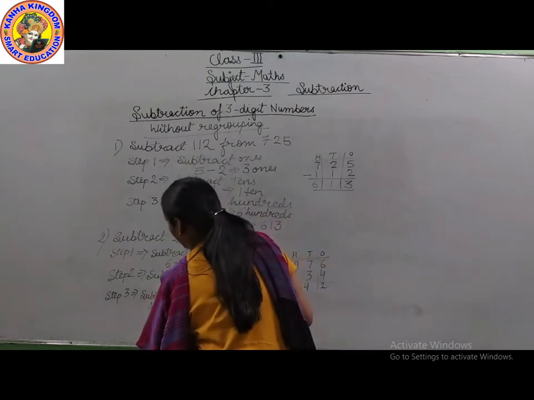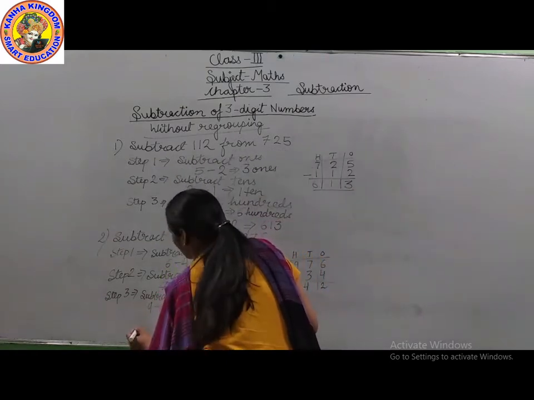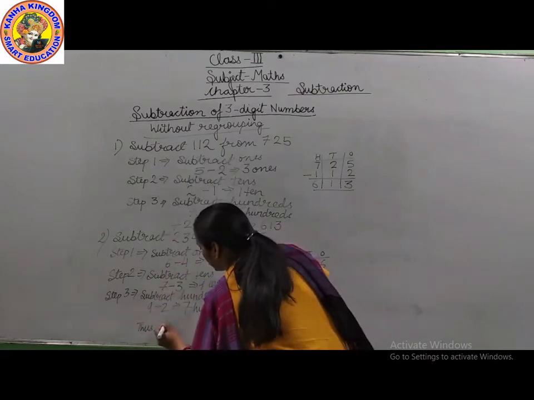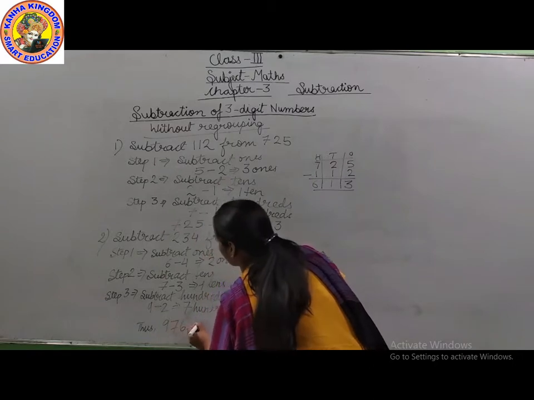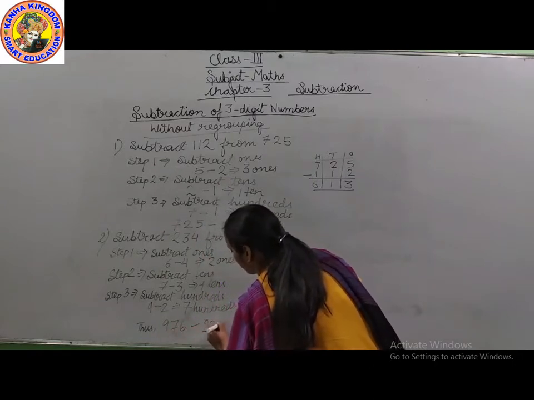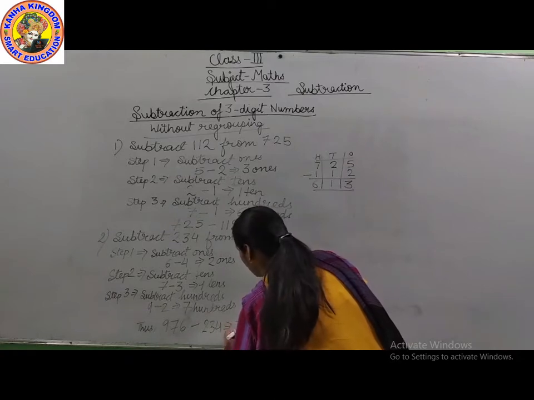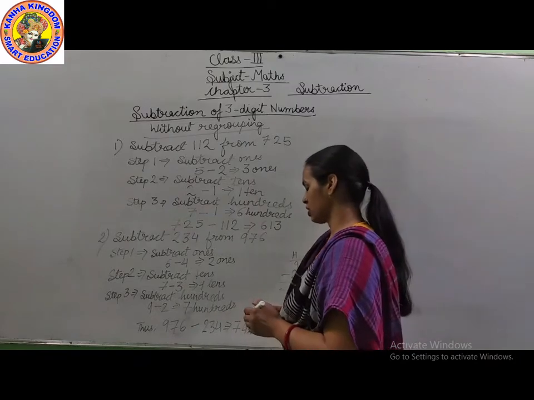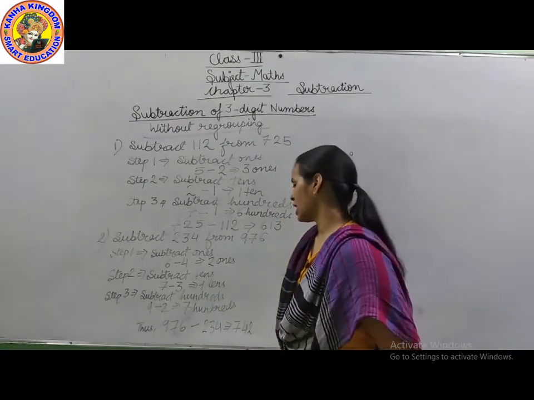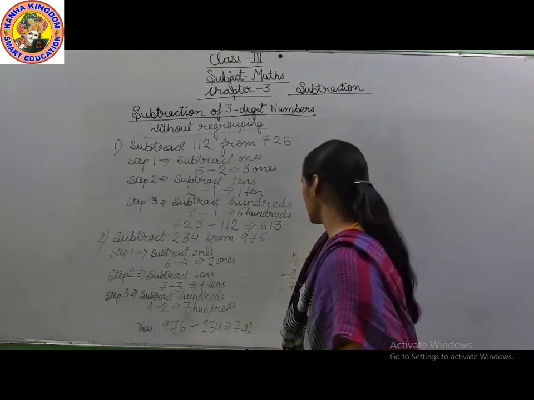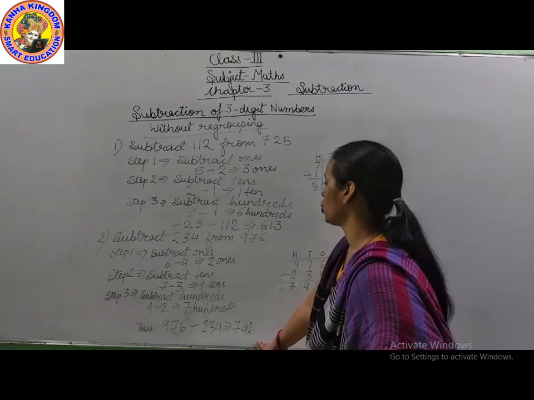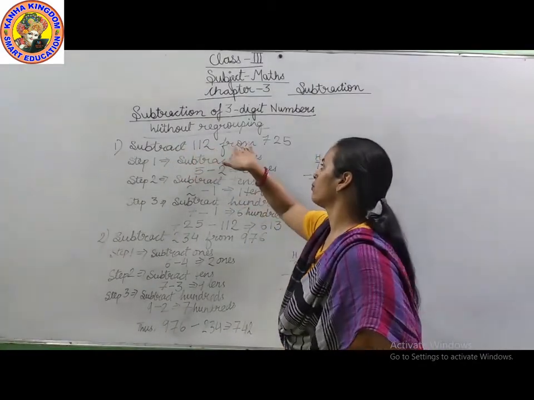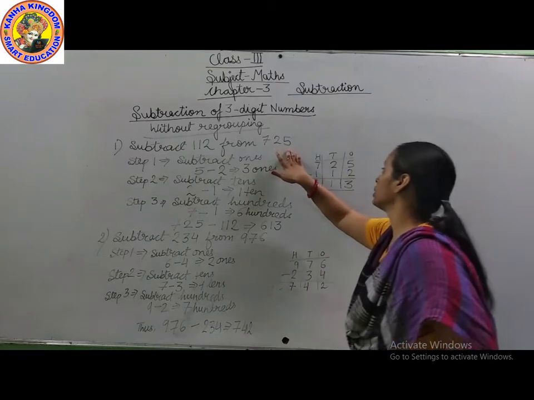So finally 976 minus 234 equals 742. So the difference of 976 and 234 is 742.